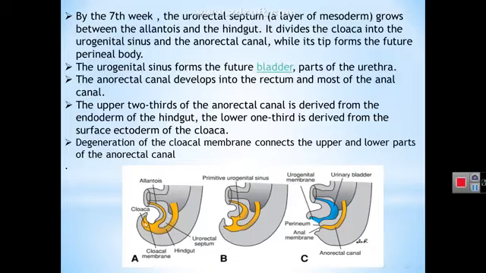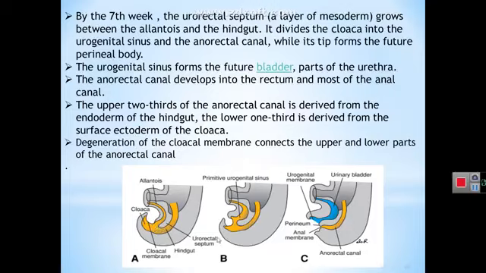As the embryo grows, the tip of the urorectal septum comes to lie close to the cloacal membrane.